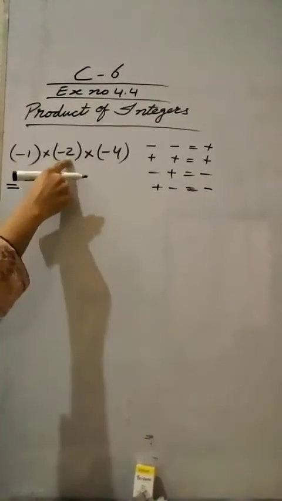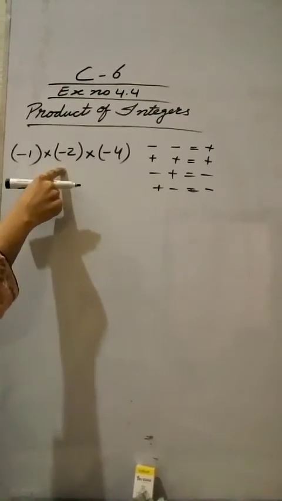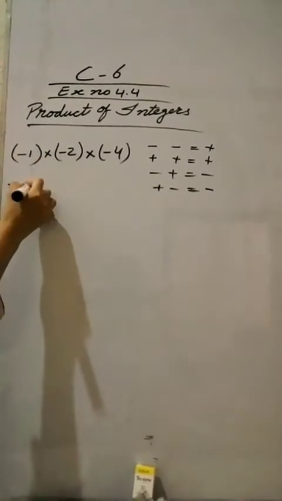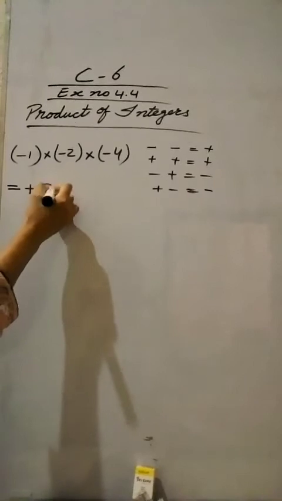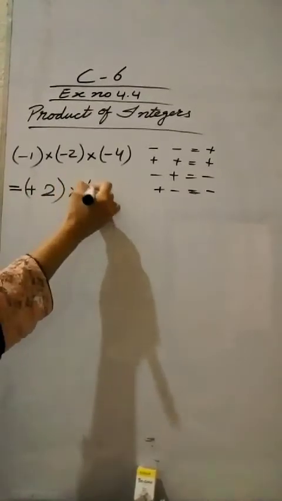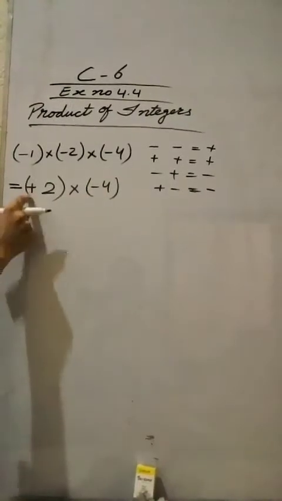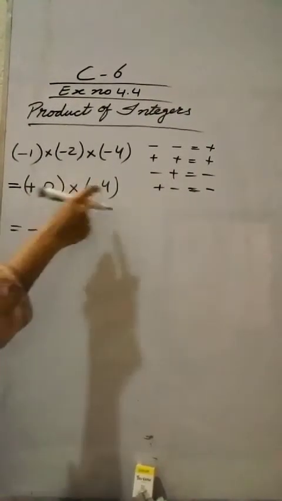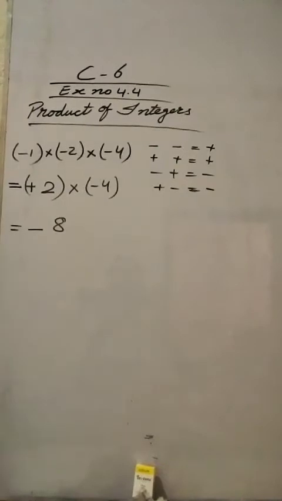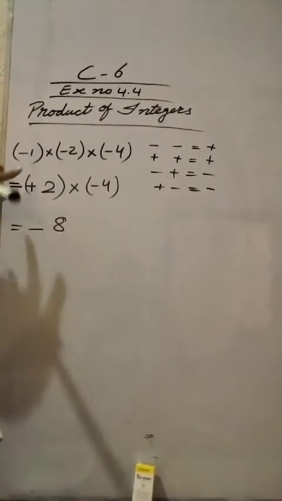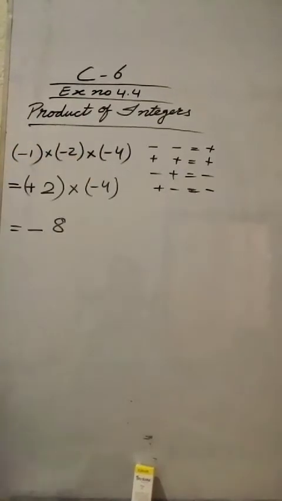Firstly, you need to solve two values, two brackets, minus minus plus, 2 ones are 2. Then you need to compare with the third one. Plus minus, 2 fours are 8. Now you can get the answer. So when we have more values, we need to solve the first two, then compare with the third one.